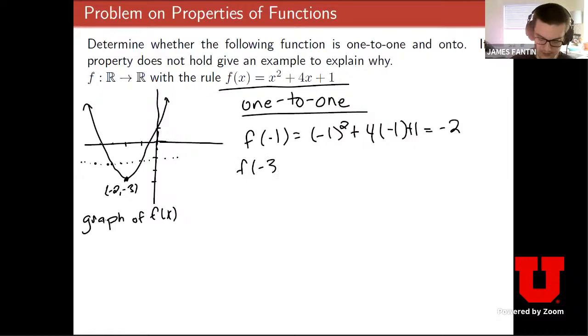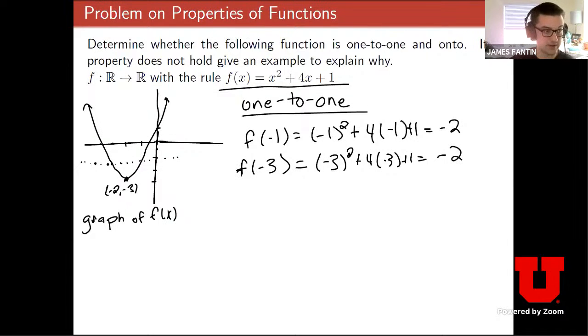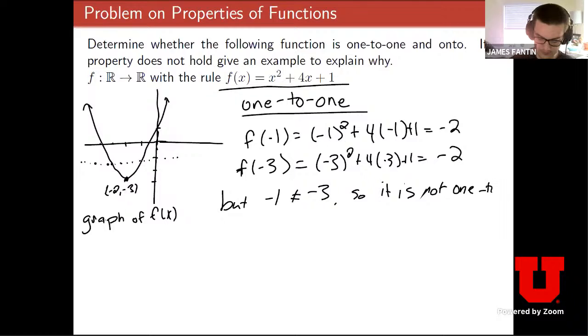And if we look at f of -3, that's also going to equal -2. So we have f of x1 and f of x2 that are equal, but -1 does not equal -3. So it's not one-to-one. We found 2 points where the outputs were the same, but the inputs were different. So it's not a one-to-one function.